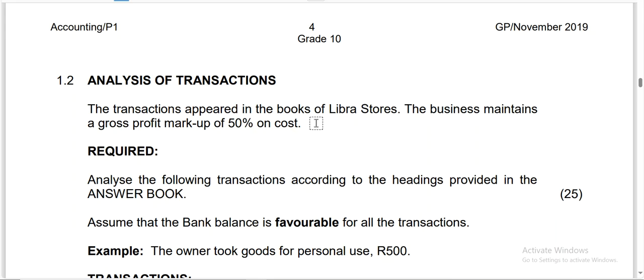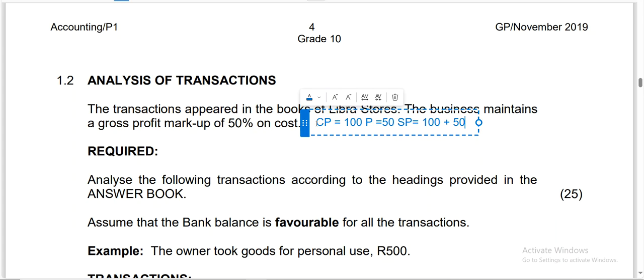Now, this information means that our cost price is equal to 100, our profit will be equal to 50%, and then our selling price will be equal to 100 plus 50, which means we will be selling at 150. So very important when you deal with transactions that have to do with cost of sales or sales, you will need this information in order to do the calculations correctly.